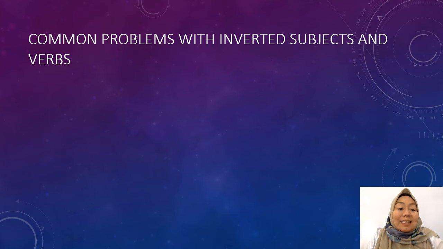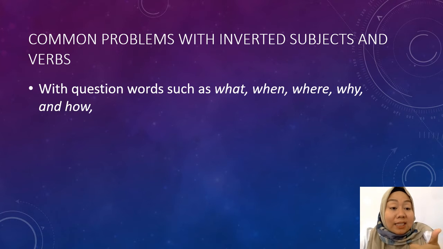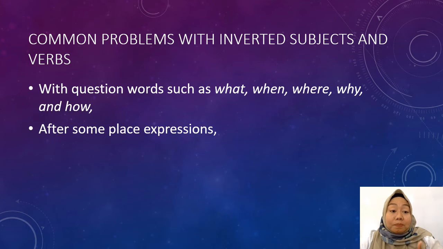All right, let's see the common problems with inverted subject and verb. We have to know when the subject and verb can be inverted. The first one is with question words such as what, when, where, why, and how. When you form a question, then we can invert the subject and verb.